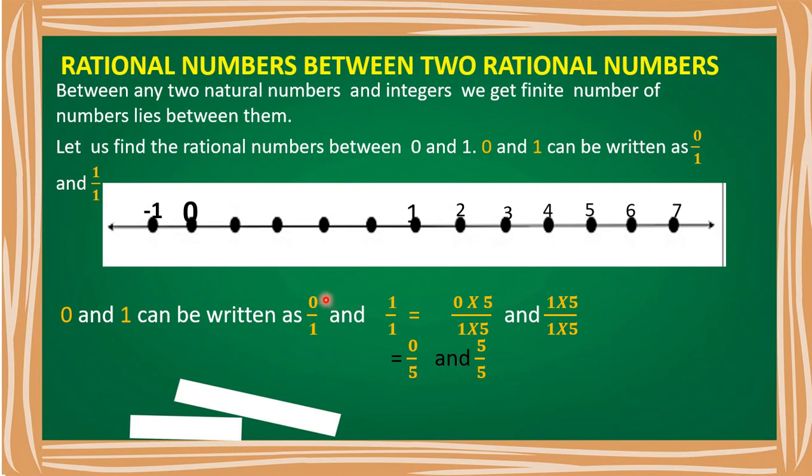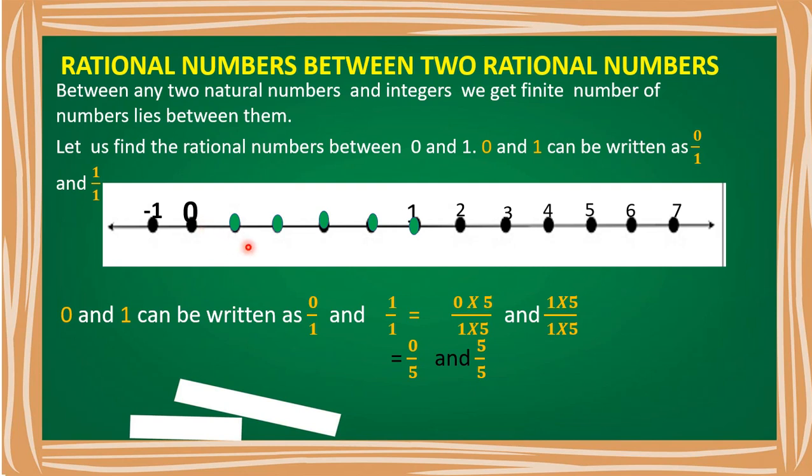Now take the number line and divide 0 to 1 according to the denominator. The denominator is 5, so we have to divide 0 to 1 into 5 equal parts, where 1 is the 5th part.